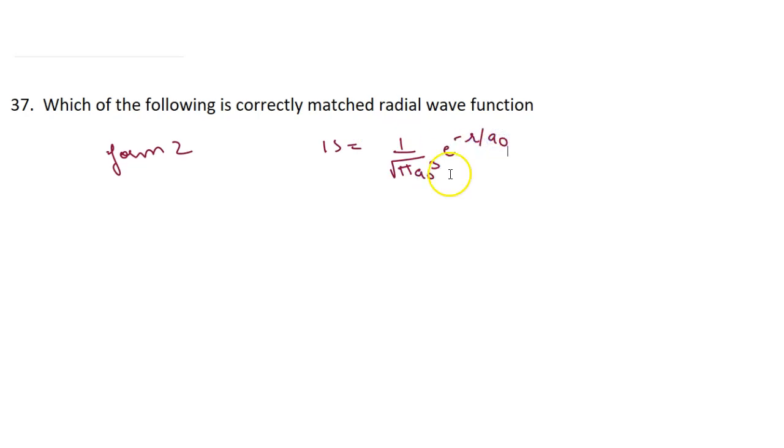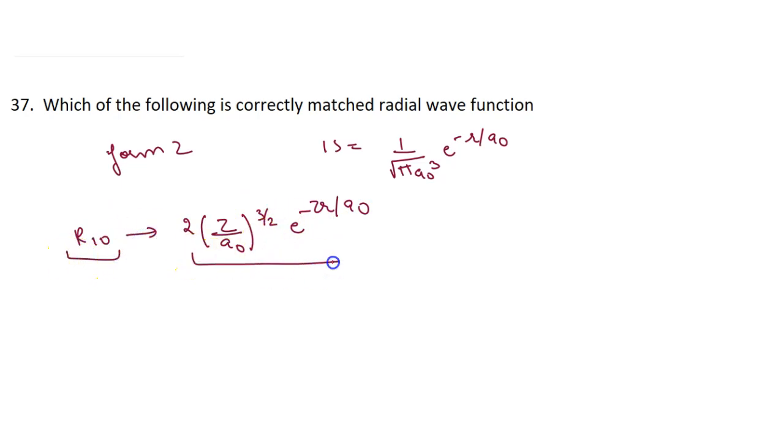But this time they asked in terms of Z to create confusion, because we usually omit the Z in hydrogen-like species. So the correct option was (Z by a naught)^(3/2) e raised to the power minus Zr by a naught. So R10, this was the wave function for 1s.